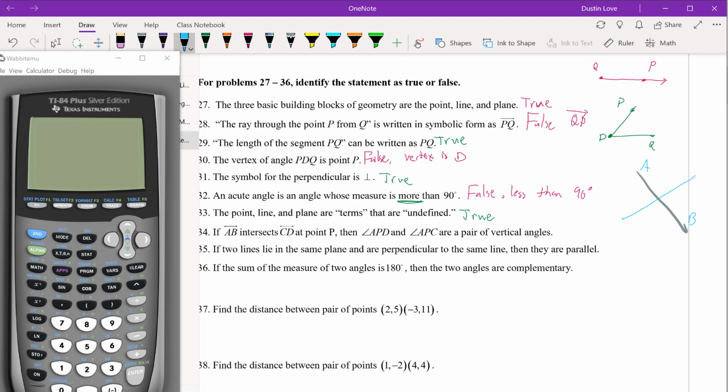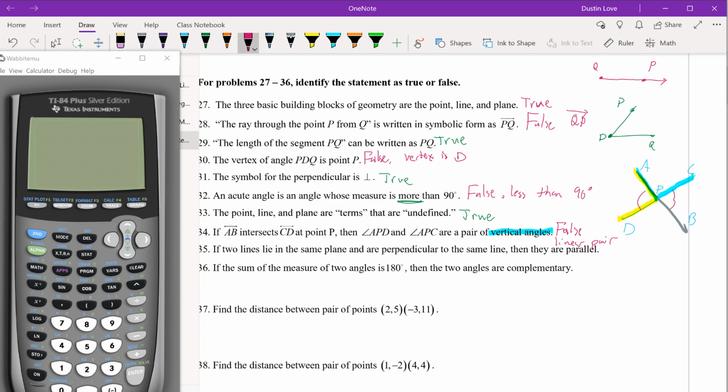AB intersects CD at point P, then angle APD and angle APC are vertical angles. Well, that is false because these two angles that I've marked are actually a linear pair, not a vertical angle. The vertical angle to APD would be CPB.